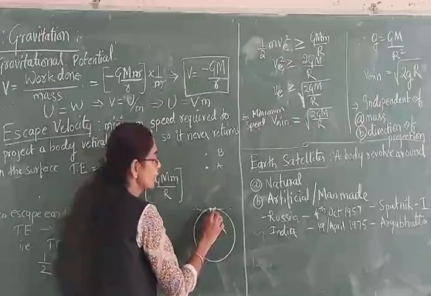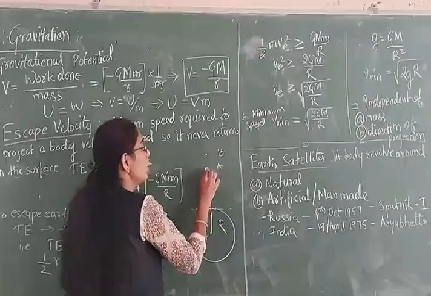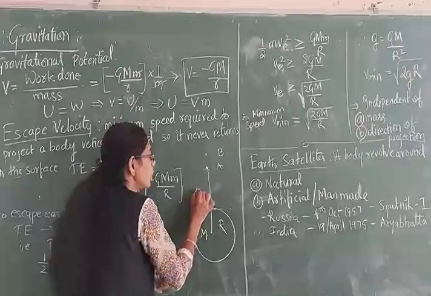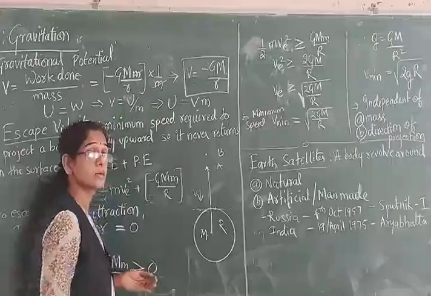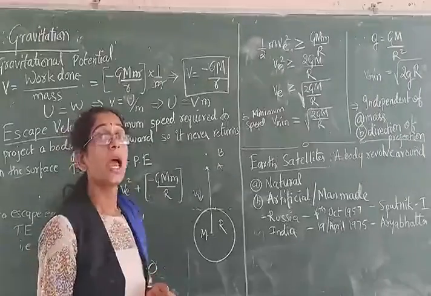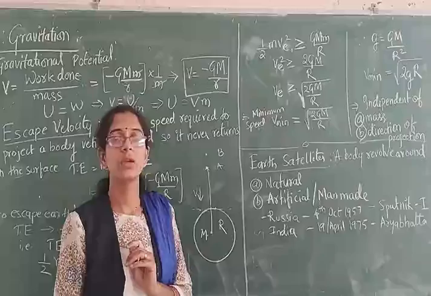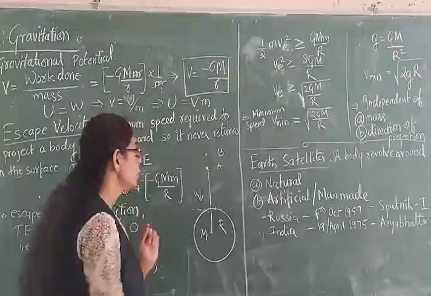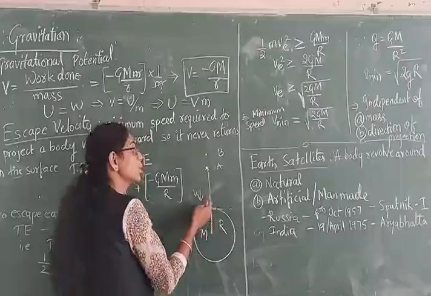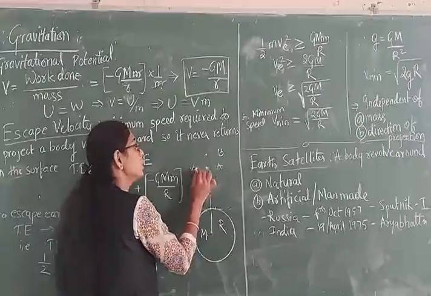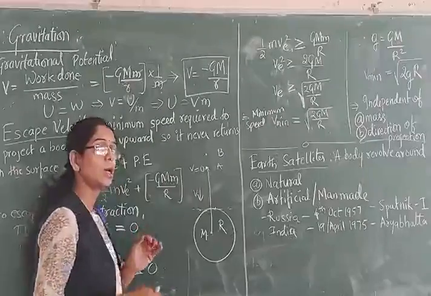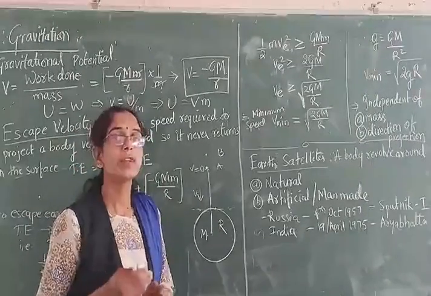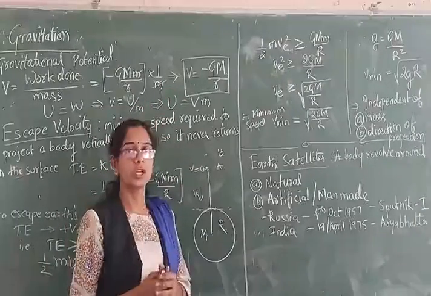When I throw an object upward, it goes above the surface of the earth, and its velocity decreases by the acceleration due to gravity, 9.8 meter per second squared. So the velocity decreases as it goes above, and at a certain point it will become 0, and after that the object will start falling down.